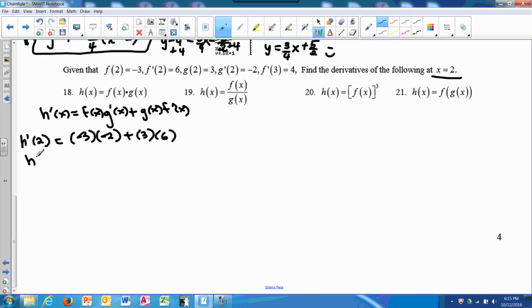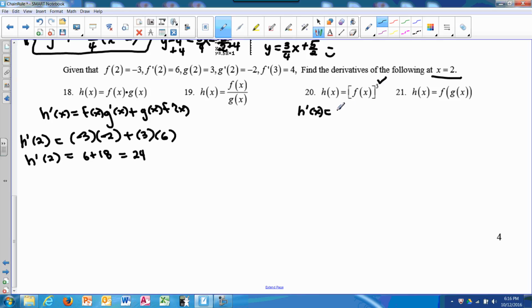Now we're evaluating each of these at x is 2. So h prime of 2 is going to equal f of 2, which is -3, g prime at 2, which is -2, g of 2, which is 3, f prime at 2, which is 6.